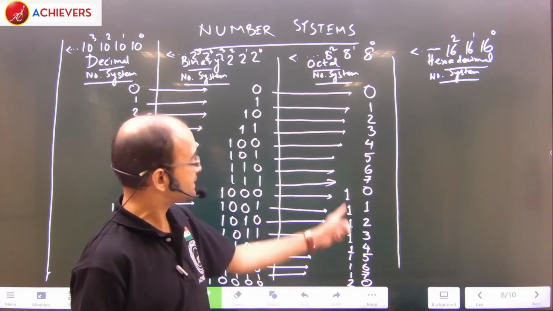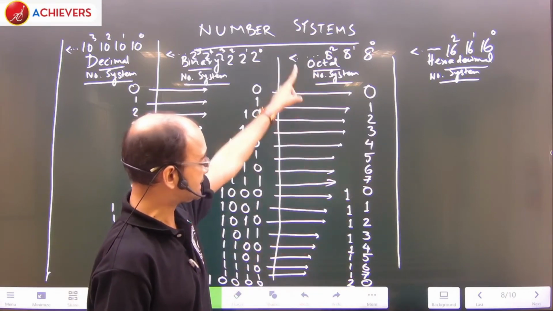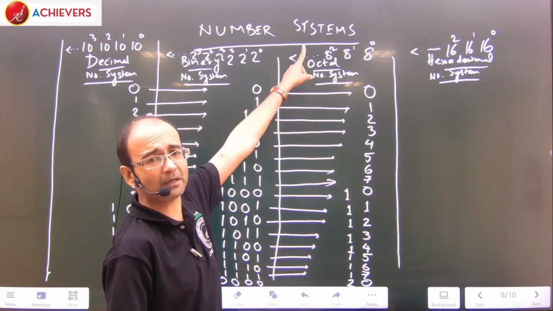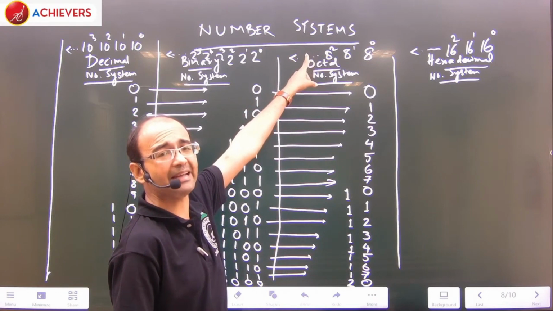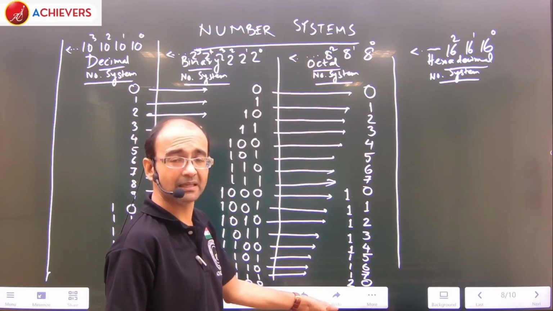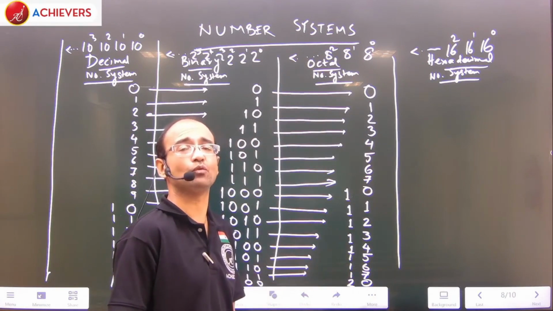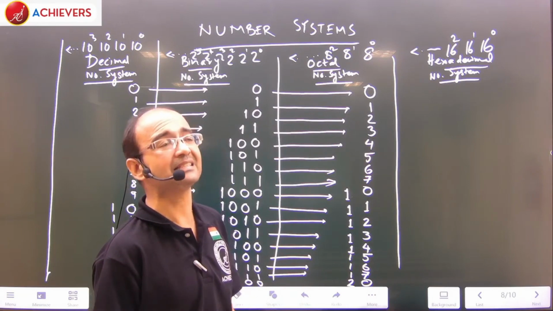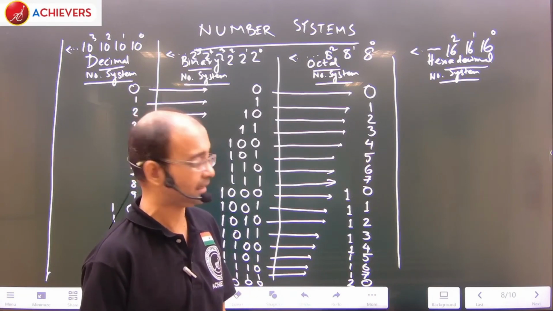I repeat, 64 will be represented as 100. Why 100? Because 8 to the power 2, 8 square, 8 into 8 is 64. So under 8 square we will be having 1. So rest of the digits will be 0. 100 in octal is represented as 64 in decimal.